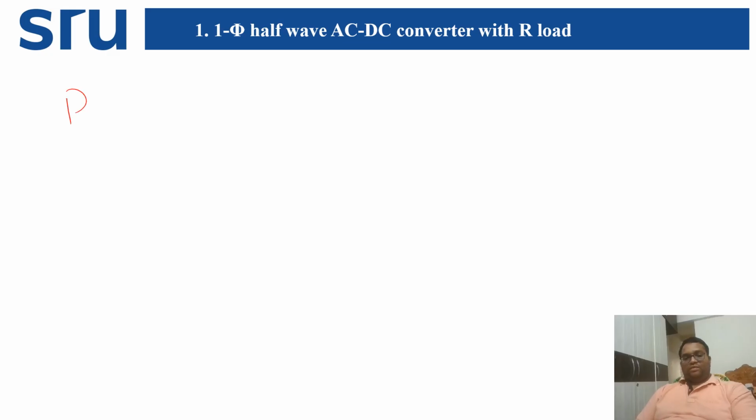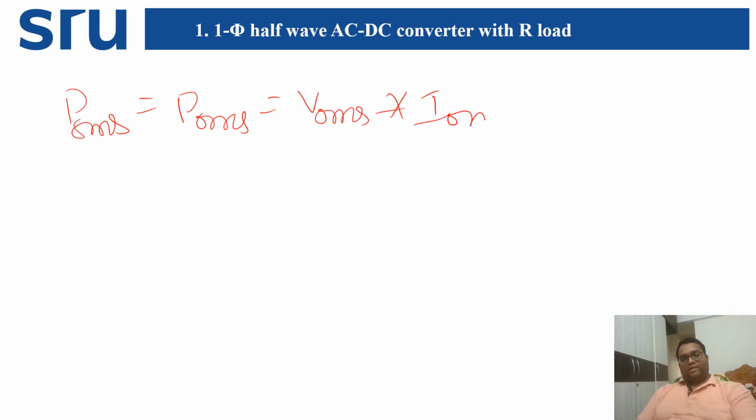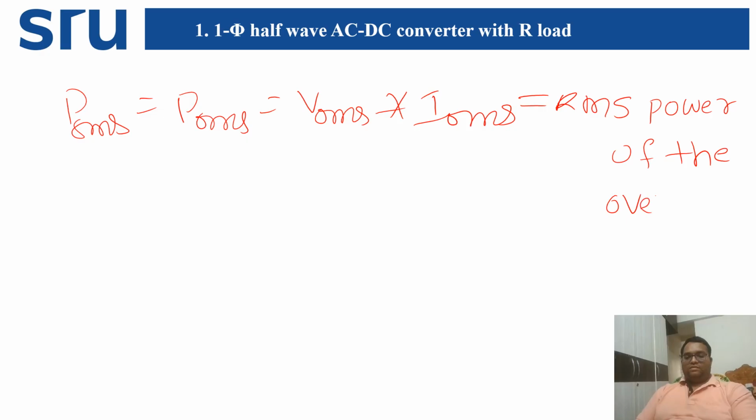The output power P naught RMS is equal to V naught RMS into I naught RMS. In this way, you can write the RMS power of the overall load.